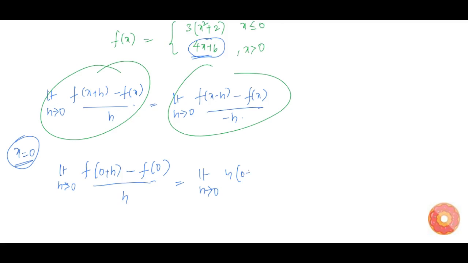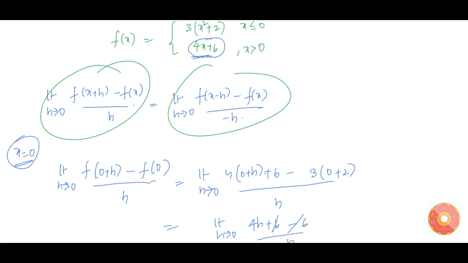We get 4 into 0 plus h plus 6 minus f of 0. When x is equal to 0, the function is 3 into x square plus 2. Now substitute 0 in that. We get 3 into 0 plus 2, divided by h, which is equal to limit h tends to 0 of 4h plus 6 minus 6 divided by h.